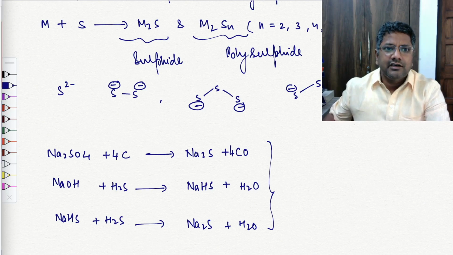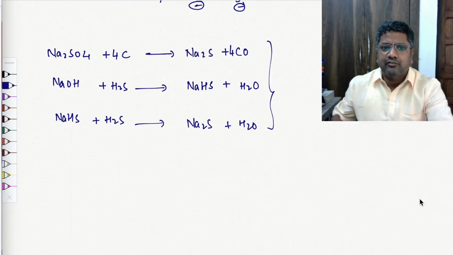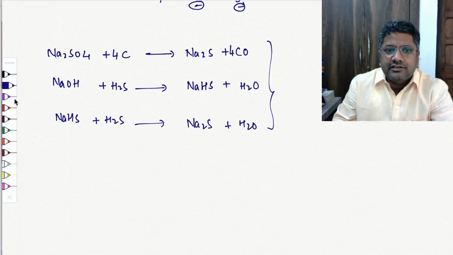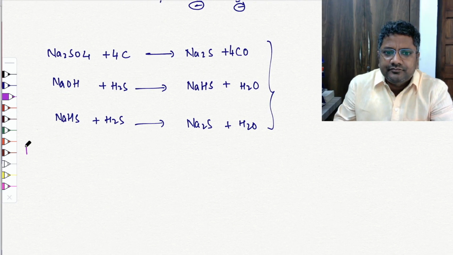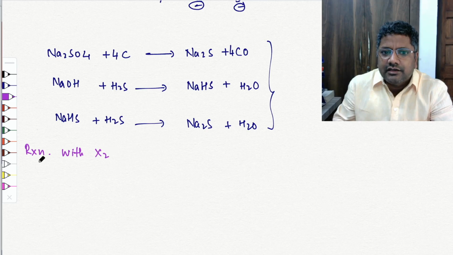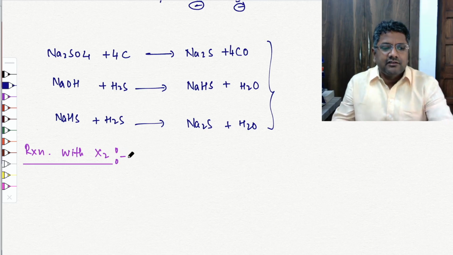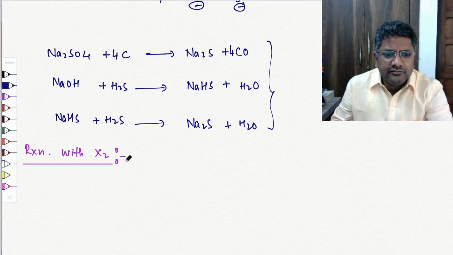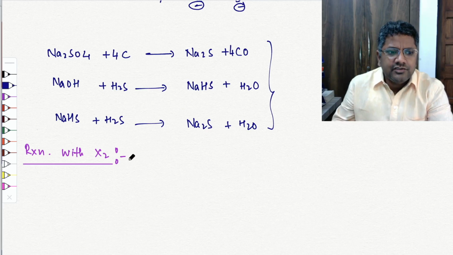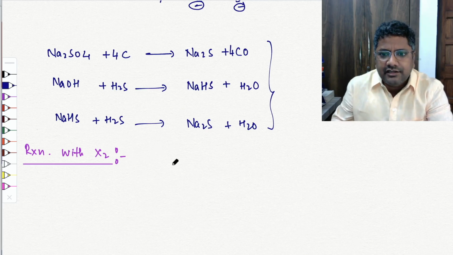Now see, let's see halides, right, and polyhalides. So reaction with halogen, X2. So all metals react with halogens to form halides, right?